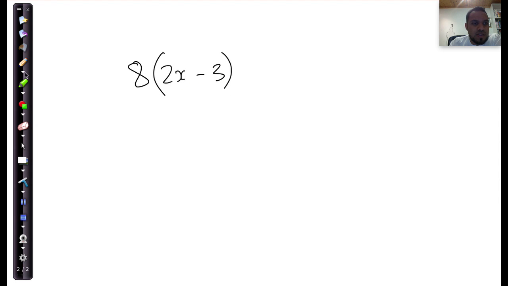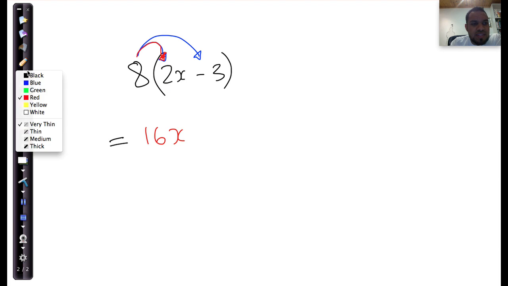And let's see, how do we do this? Well, we have to multiply the 8 into the first term, and then we need to multiply the 8 into the second term. Let's do the first part. 8 multiplied by 2 is 16, and there's no x there, but you're multiplying by 2x, so it's 8 sets of 2x, and that's going to give me 16x.